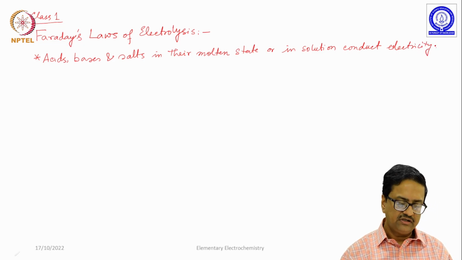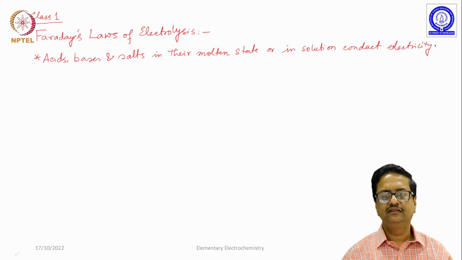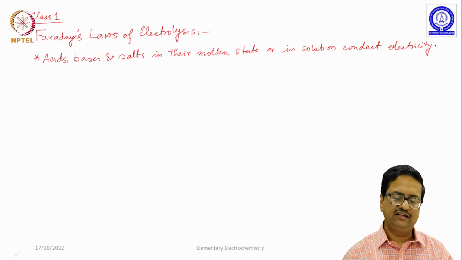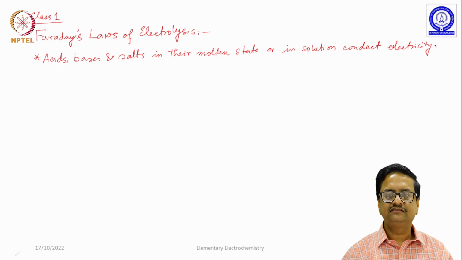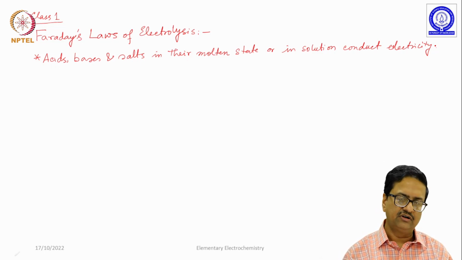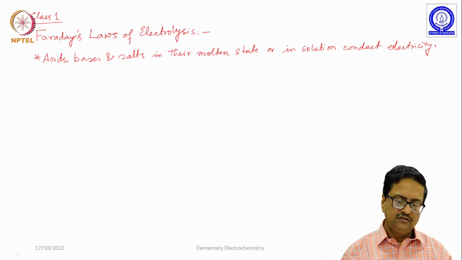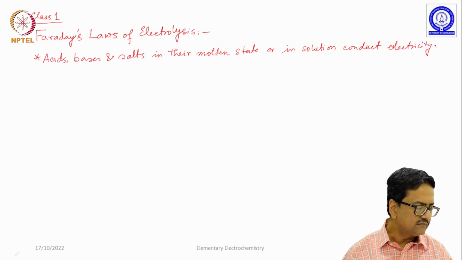Right? So, whenever you have an acid, maybe HCl or nitric acid or any other weak organic acid like formic acid, acetic acid, etc., or bases, sodium hydroxide, potassium hydroxide, or some salts like sodium chloride, potassium chloride, some organic salts like sodium acetate, potassium acetate, etc., in their molten state or when they are dissolved in water, they conduct electricity.